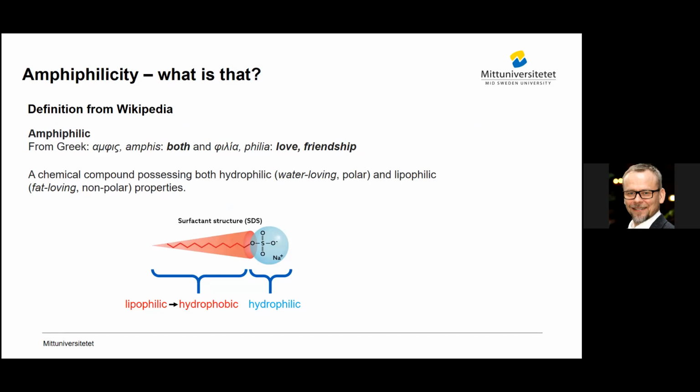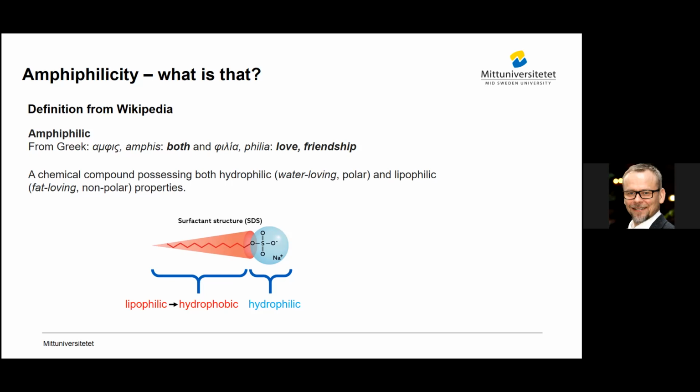So an amphiphilic substance is a chemical compound possessing both hydrophilic, which we usually call water-loving, or polar, and lipophilic, fat-loving, non-polar properties. And a typical amphiphilic structure is what we usually call the surfactant structure.